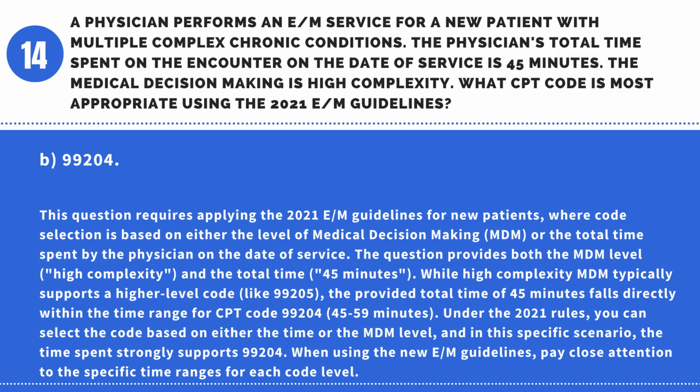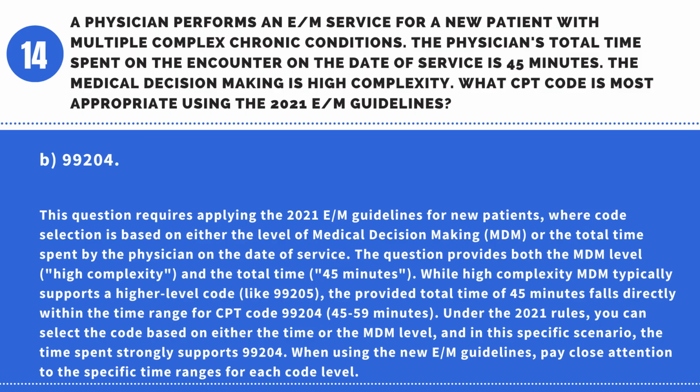Let's recheck the time ranges for 2021 new patient E/M. 99203 equals 30 to 44 minutes. 99204 equals 45 to 59 minutes, 99205 equals 60 to 74 minutes. High MDM supports 99205, 45 minutes of time supports 99204. When time and MDM support different levels for new patients under 2021 rules, you can choose the code supported by either.